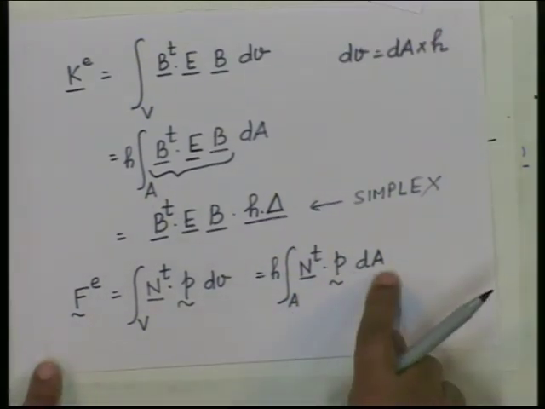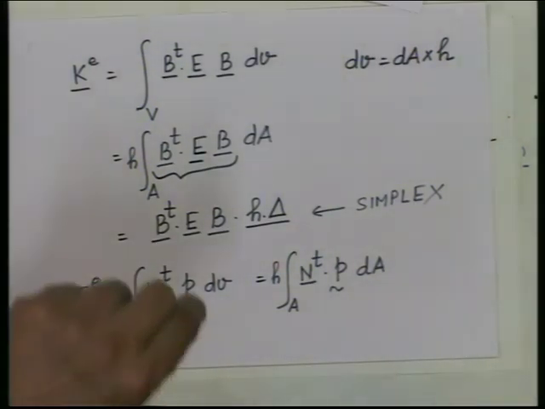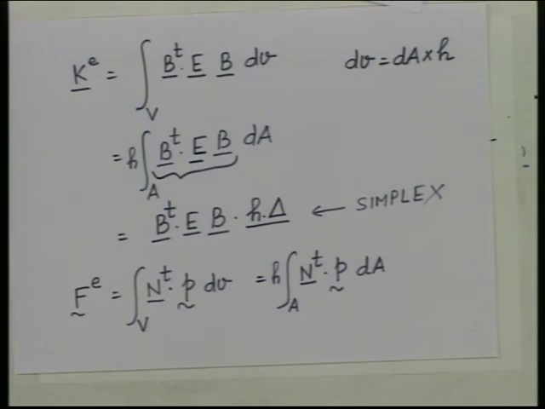So, this will transform the distributed load that is acting on the triangle into nodal load. This will give you 6 nodal loads, and you will have to do integration. Integration of a linear function over triangle.